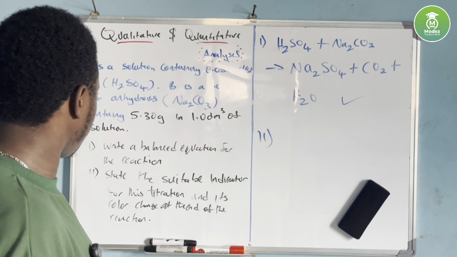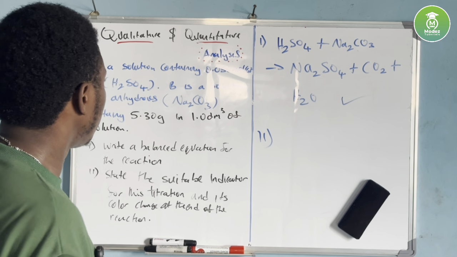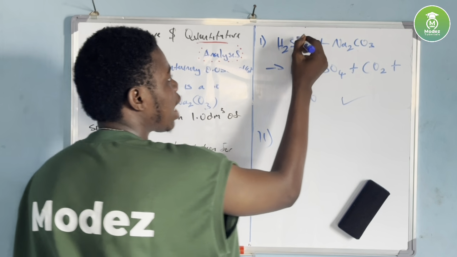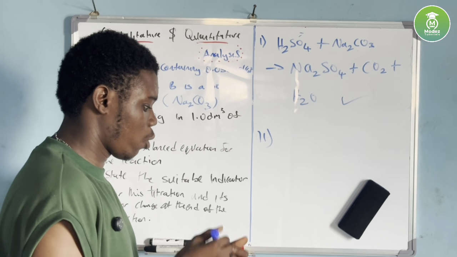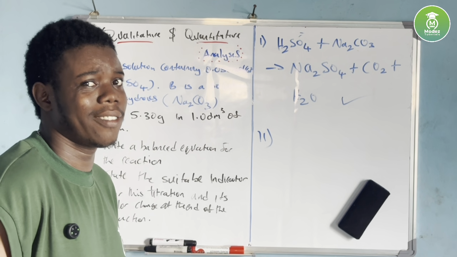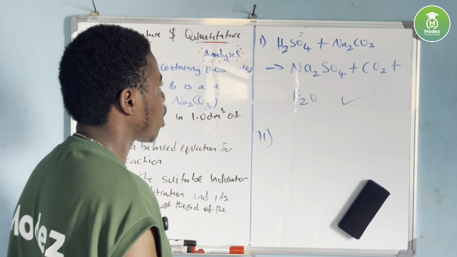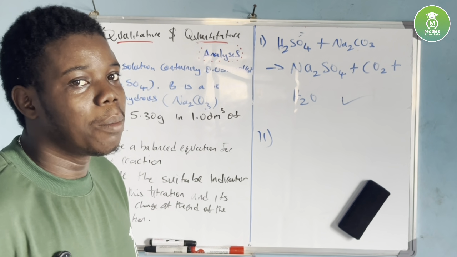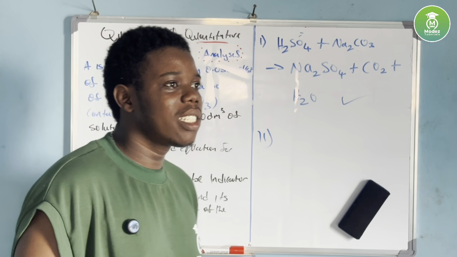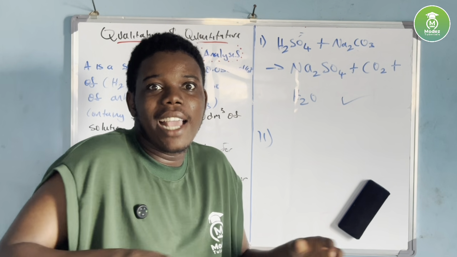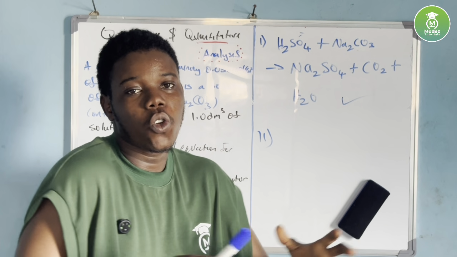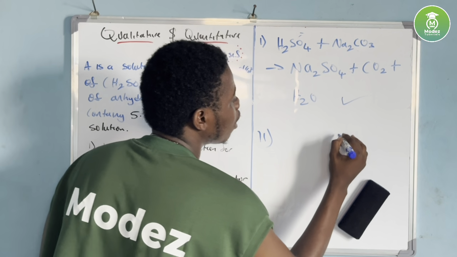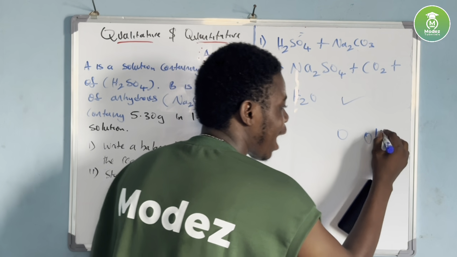Now, first of all, you need to know that this is a strong acid, right? Tetraoxosulfate(VI) acid is a very strong acid. Now, sodium trioxocarbonate(IV) is a weak base. A weak base does not completely ionize. It is not an oxide or hydroxide.